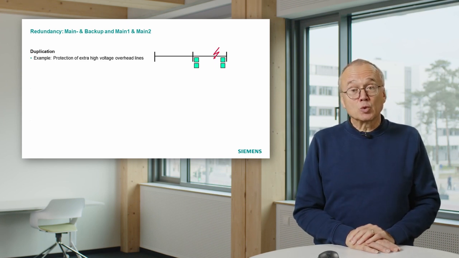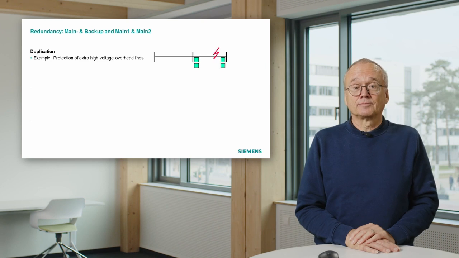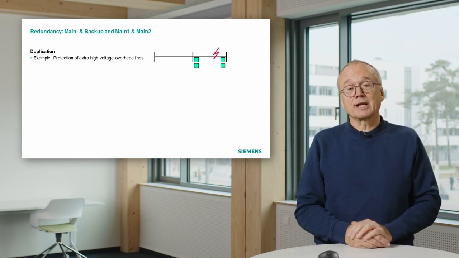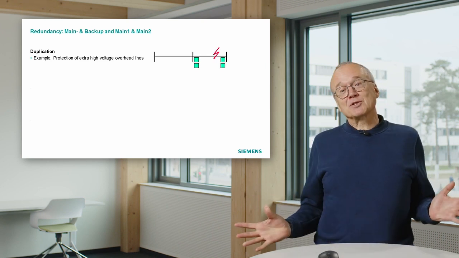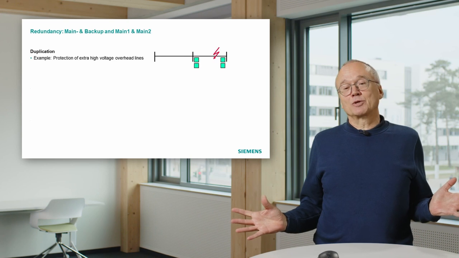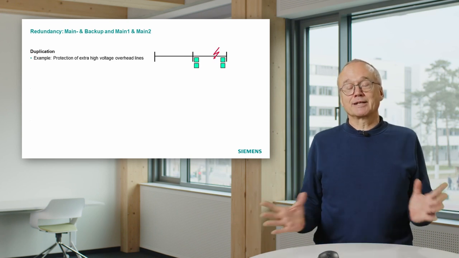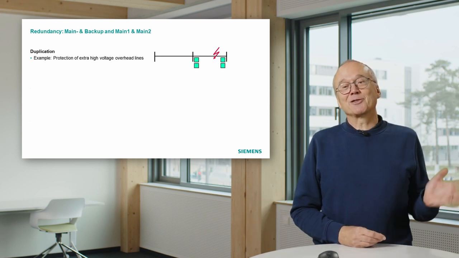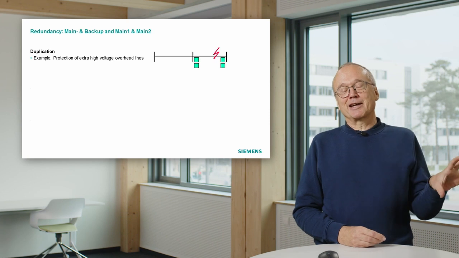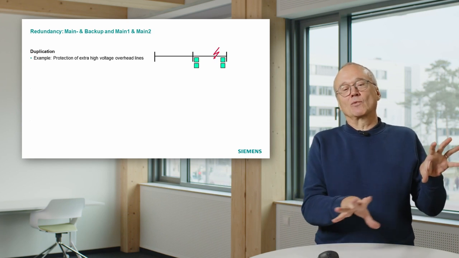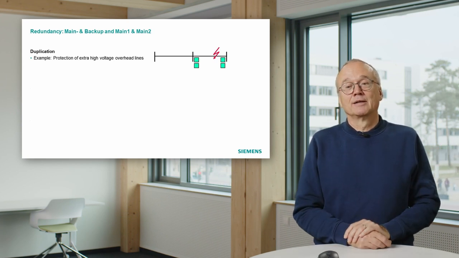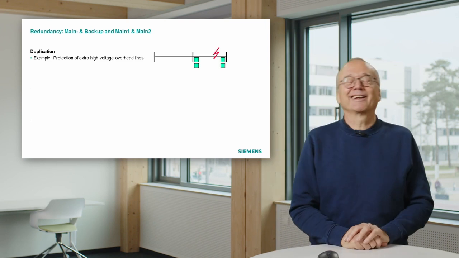This can be two identical relays, for instance, two distance relays. Some people say, I don't trust a manufacturer, I take two manufacturers. In the early days, people said, I have one digital relay and one old-fashioned one, electronic or electromechanic even.